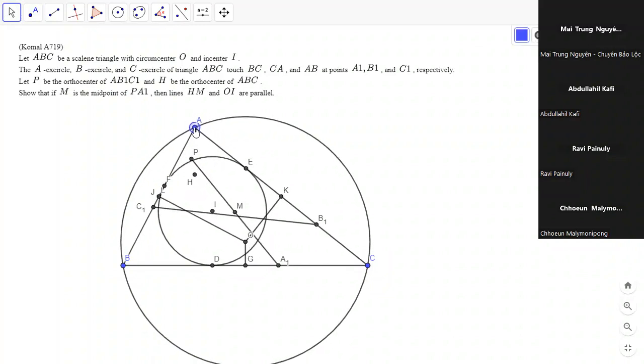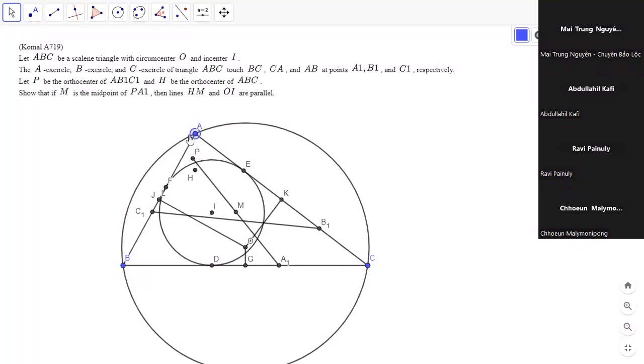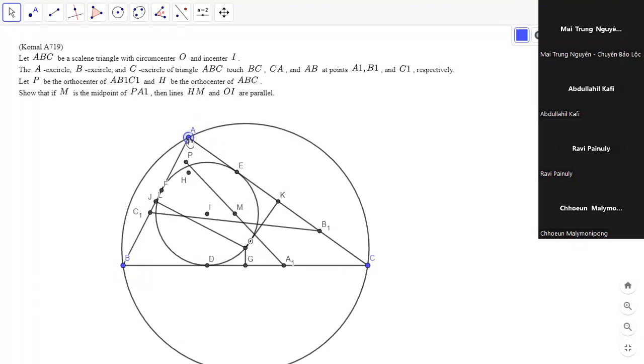P and H are orthocenters of different triangles. Where's L? I don't even know what L is.